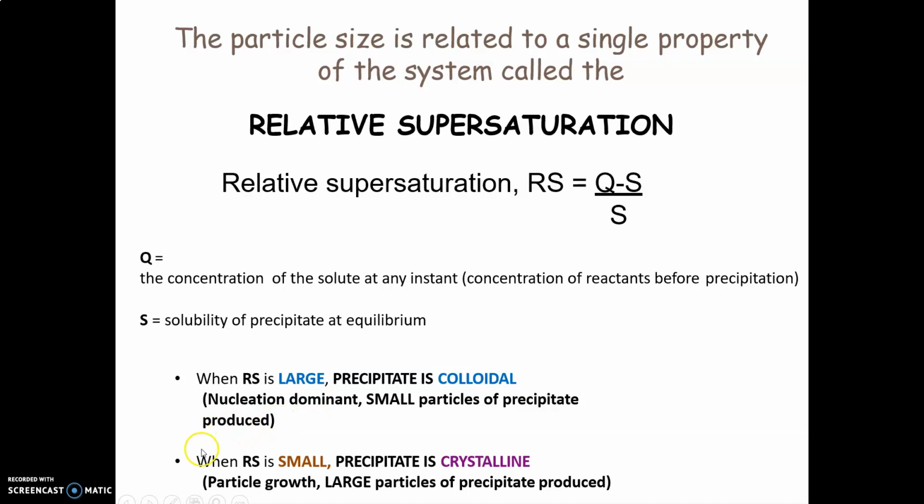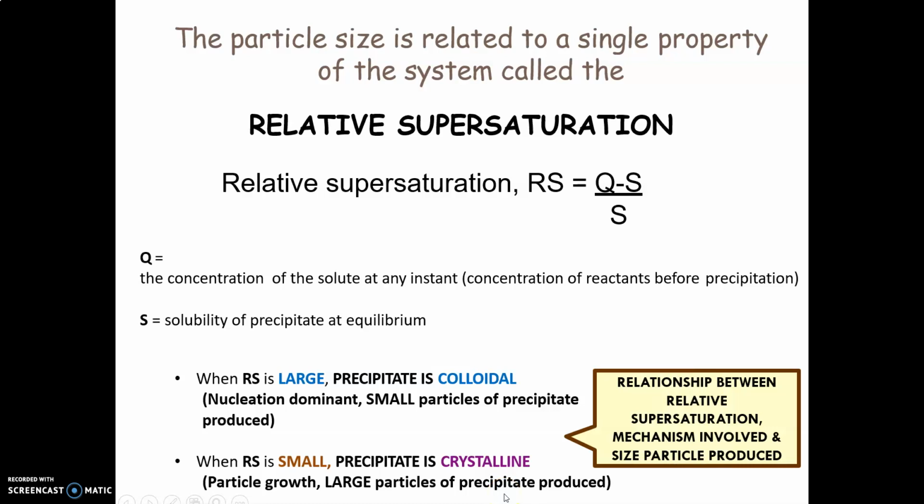Okay, so when RS is small, the precipitate is crystalline. This is our main focus. We need to produce a crystalline precipitate, which means that particle growth is more dominant compared to nucleation, and will produce large particles of precipitate. So this is the relationship between relative supersaturation, the mechanism involved, and the particle size produced.